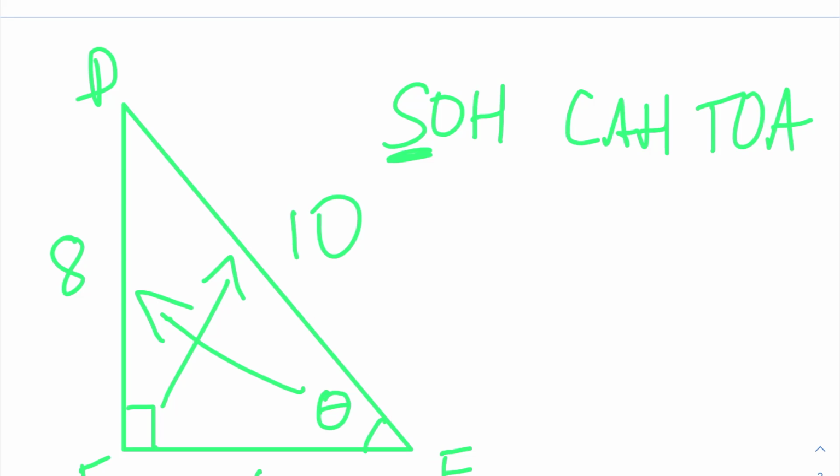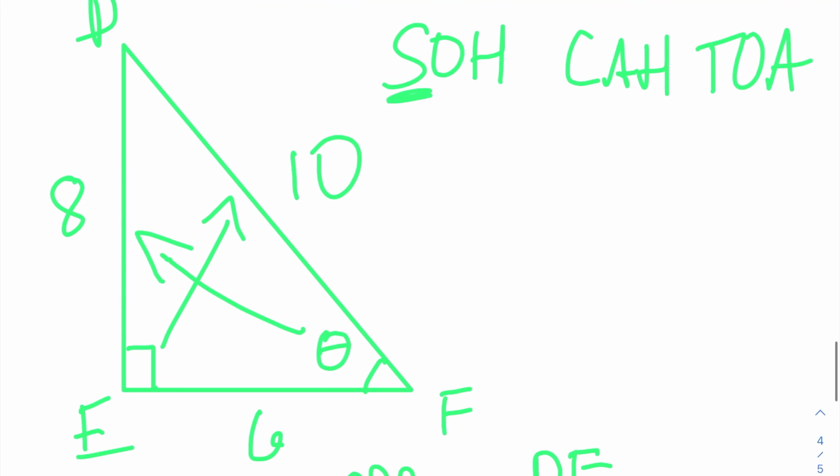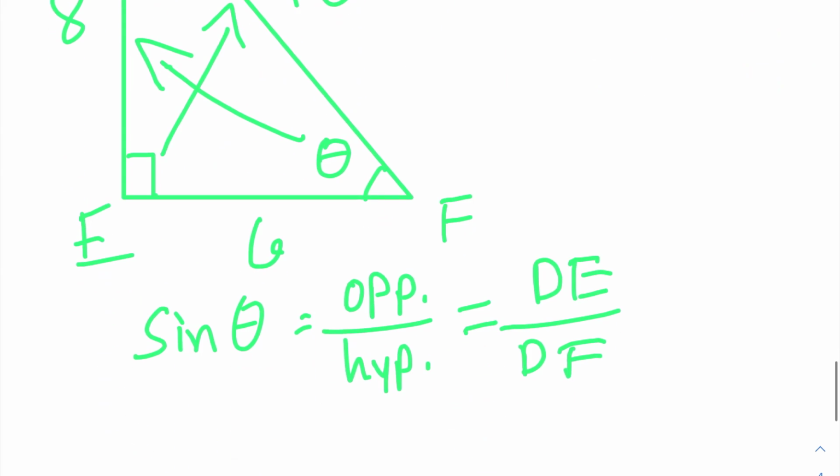So we have DE over DF. Now DE has length 8 and DF has length 10. So this is 8 over 10, which is 4 over 5.